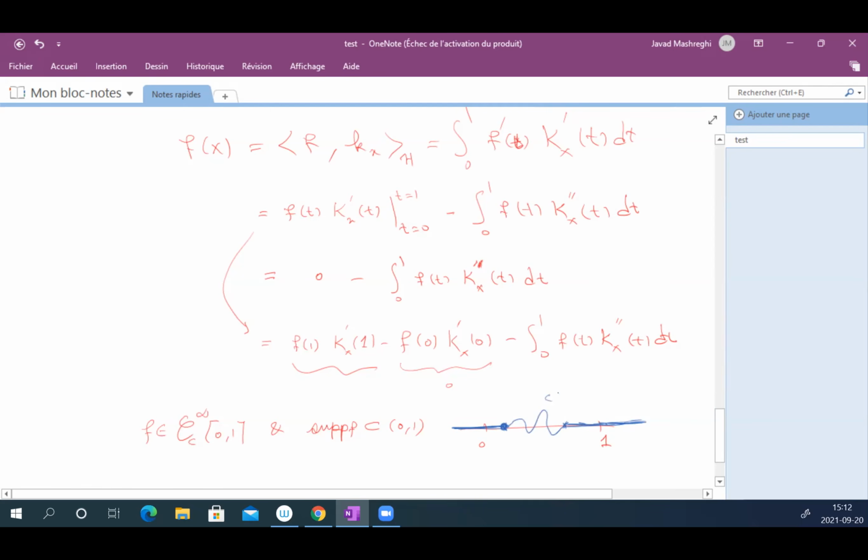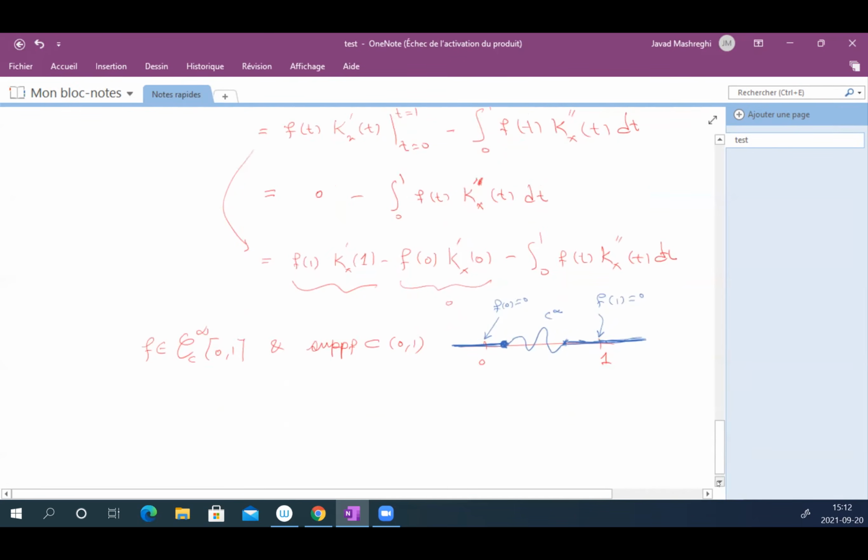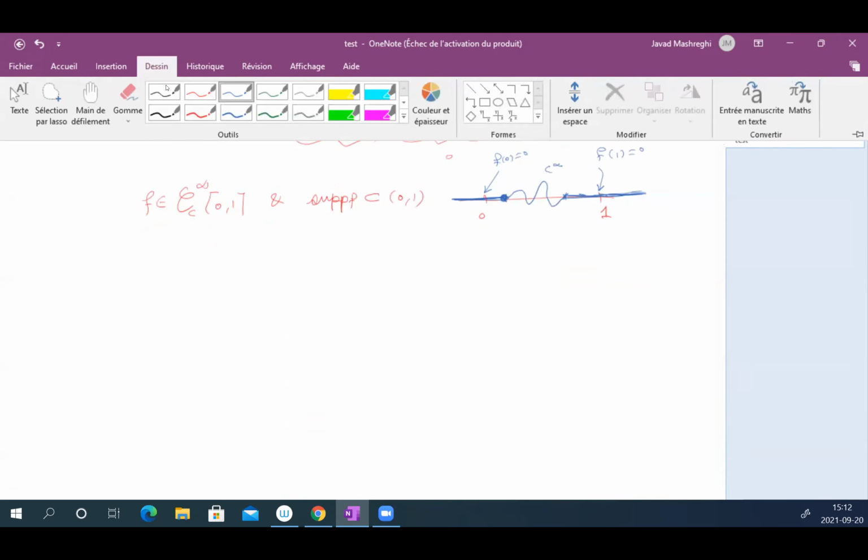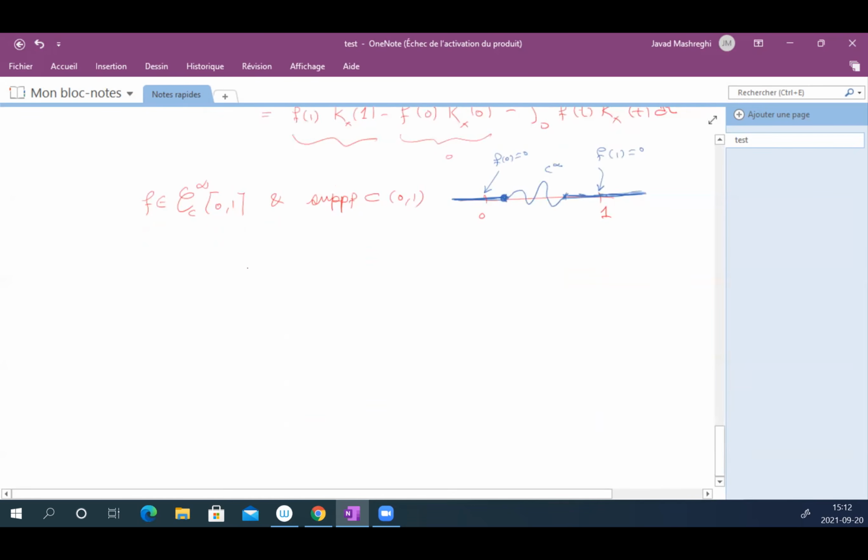And the function is indeed C infinity. What I need is that at the point 0 and at the point 1, the function is indeed equal to 0. I repeat, not all the functions in the space H. No. The subclass I consider, which is called the test functions. For them, it's equal to 0. And therefore, we obtain again the representation f of x is equal to minus the integral from 0 to 1 of f of t kx double prime t dt.